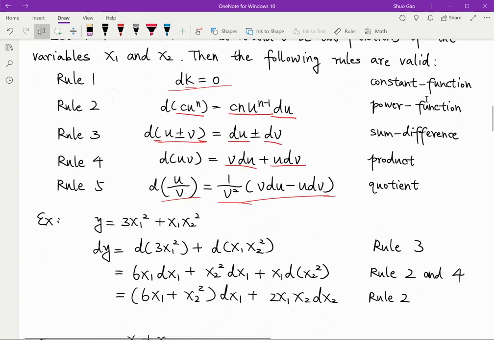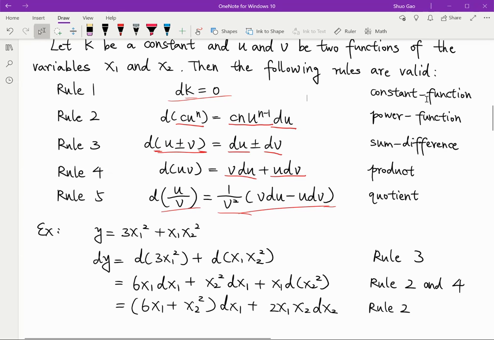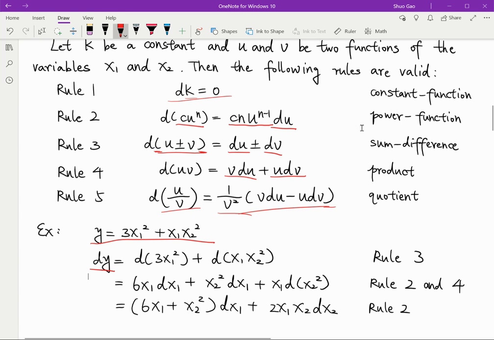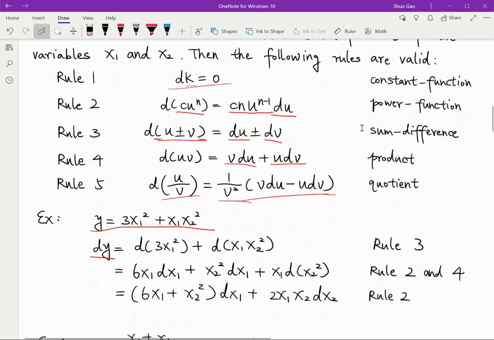So here are two examples. We have a function like this. So y is a function of two variables, x1 and x2. And we want to find the differential of y, right? So we want to find dy.